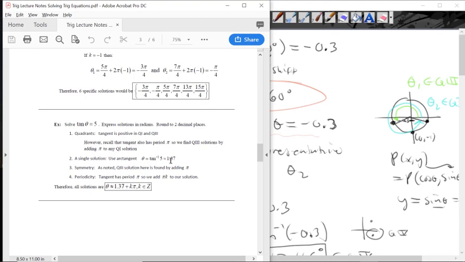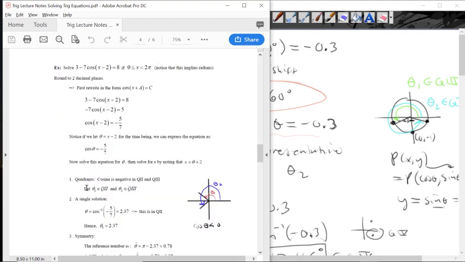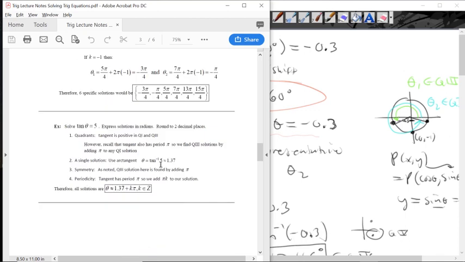Whatever your solution is for the basic tangent equation, you would add integer multiples of pi, or 180 degrees, because the period of the tangent function is equal to pi. In other words, for a tangent equation, you don't need to find solutions in all 4 quadrants. You really only need solutions in 2 of the 4 quadrants, like quadrant 1 and quadrant 4, which would generally be sufficient.